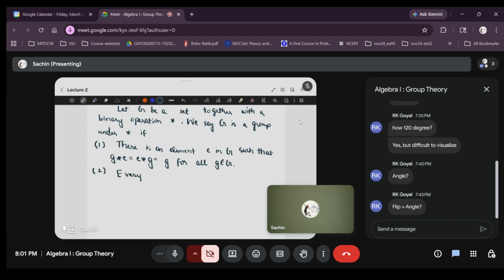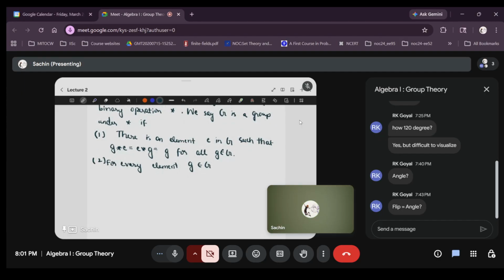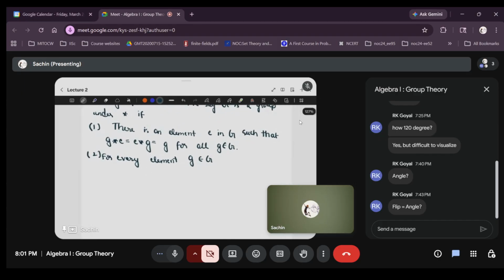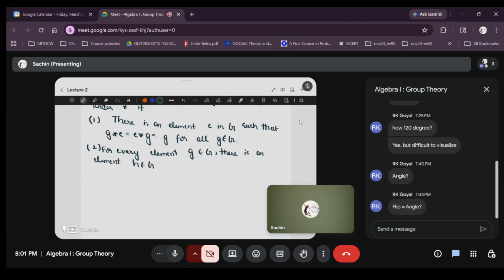Then for every element small g in capital G, there is an element h in G such that g star h is equal to h star g is equal to e.